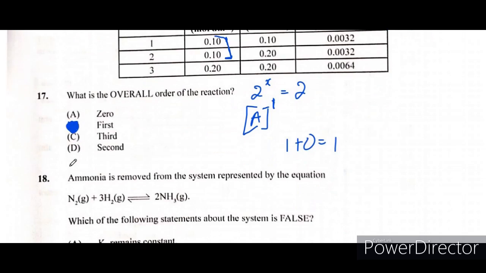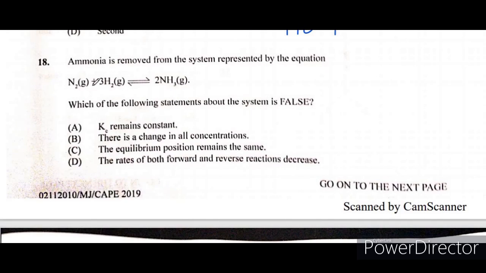Now ammonia is removed from the system, represented by the equation, and here's the equation. It says, which of the following statements about the system is false? Alright, ammonia is removed, Kc remains constant, there is a change in all concentrations, the equilibrium position remains the same. That is not true.